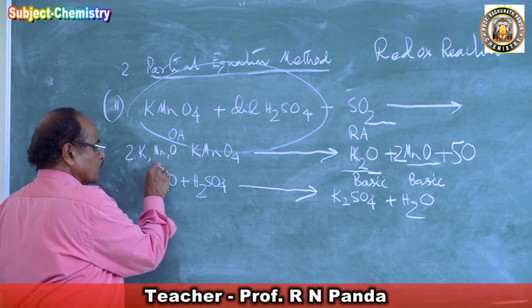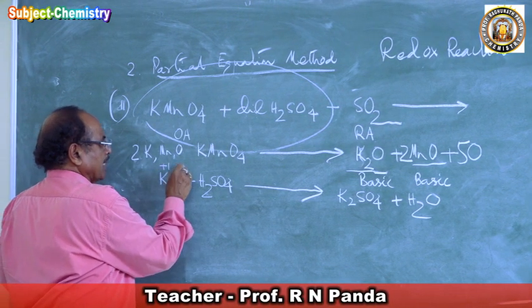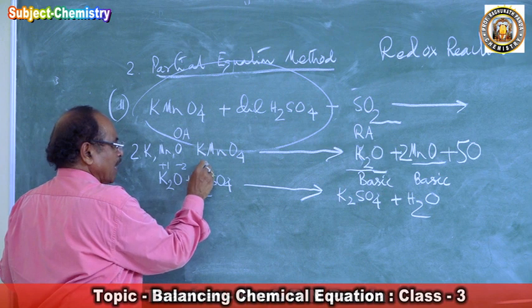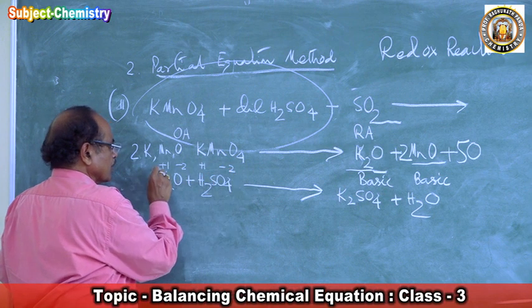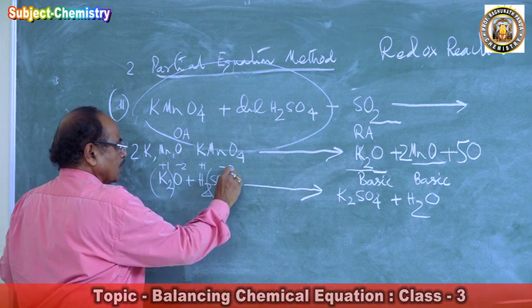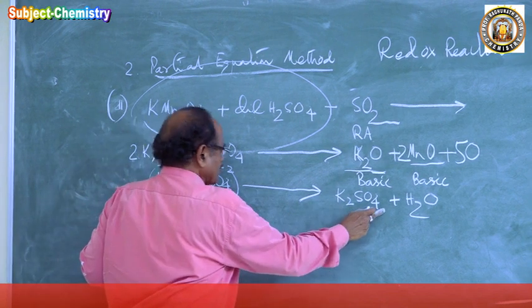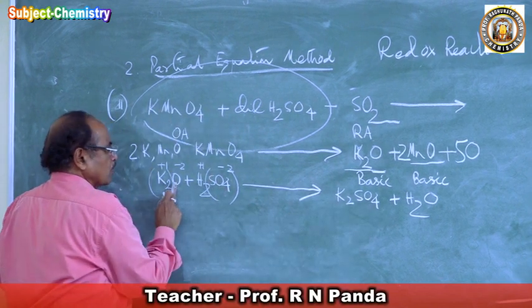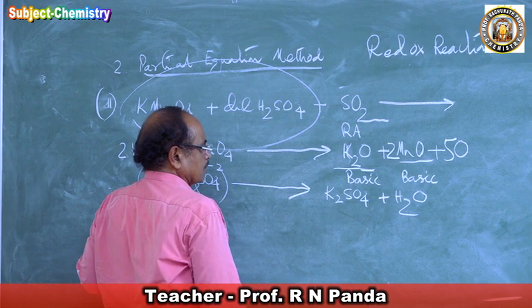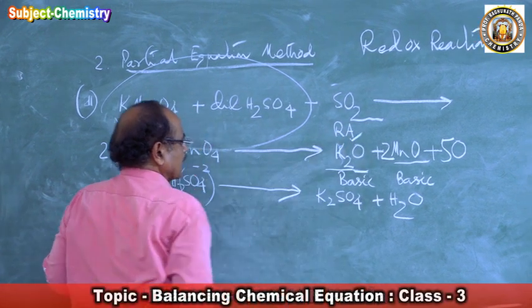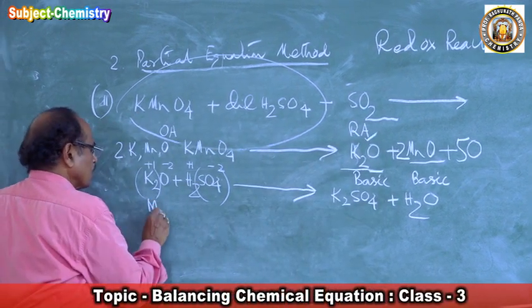The potassium is +1 and oxygen is -2. Hydrogen is +1, sulfate is -2. So this potassium will go with sulfate to form the salt potassium sulfate. H plus will react with O to form water. It is okay now.